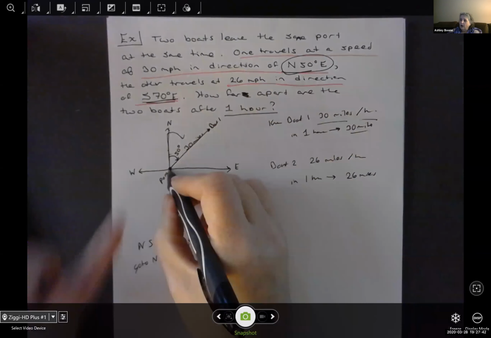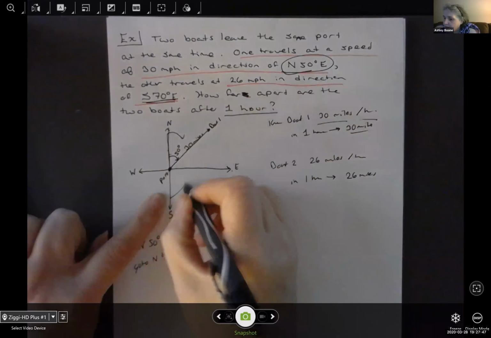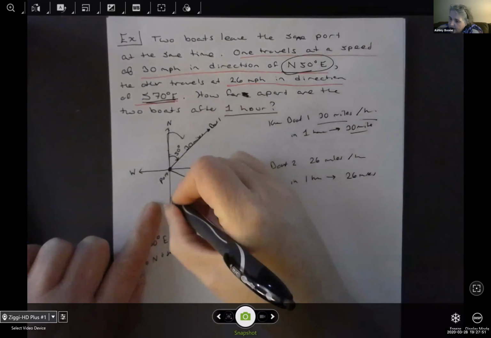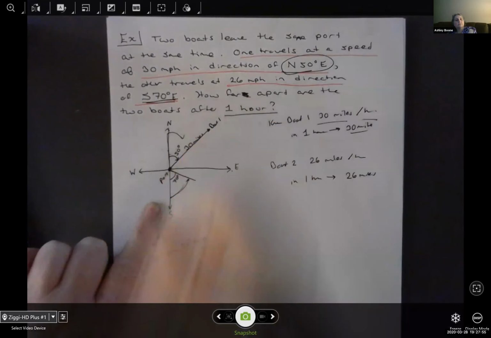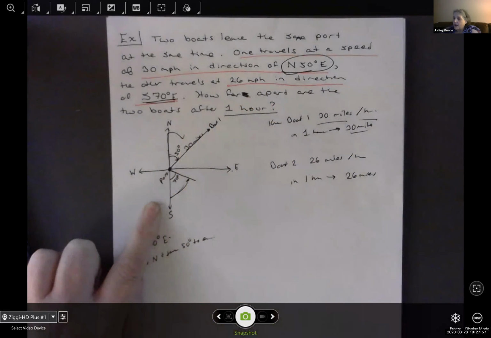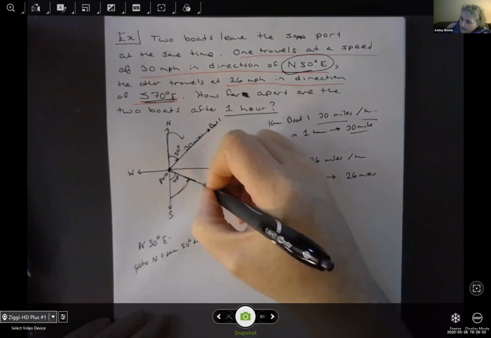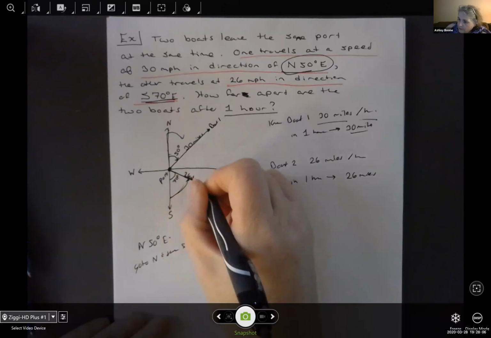So south to the east by 70 degrees, okay, is right there. And it traveled for 26 miles. So the length of that is 26. And there's boat 2.